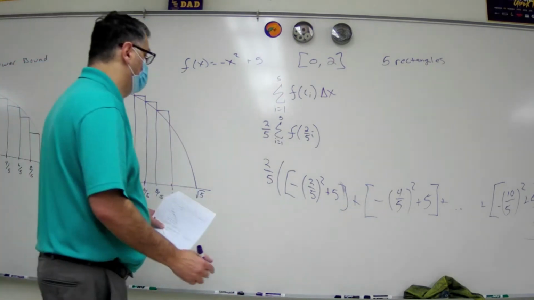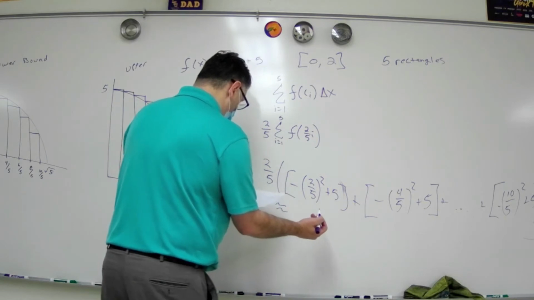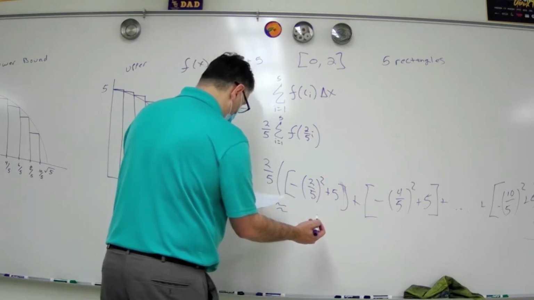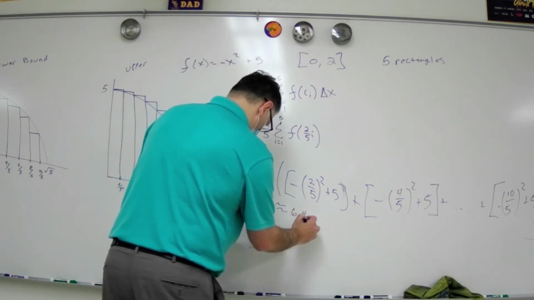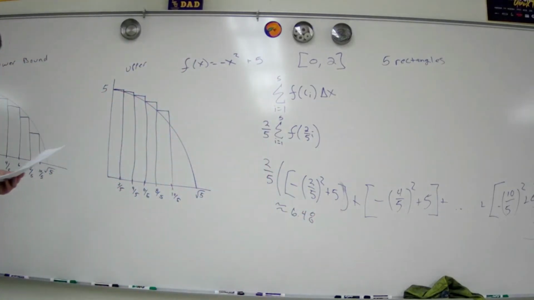I'll be nice to you. The number is approximately 6.48. Now, which one is that? Is that my lower bound or my upper bound? Which one did I do?